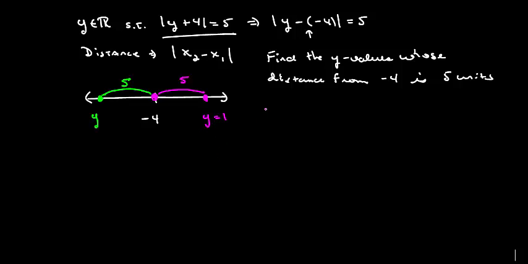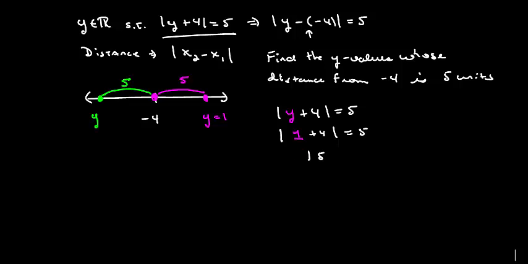So let's check to see if that works. That would be the absolute value of y plus 4 has to equal 5. Now if y is 1, let's just make sure that works in there. So that would be 1 plus 4 is equal to 5.